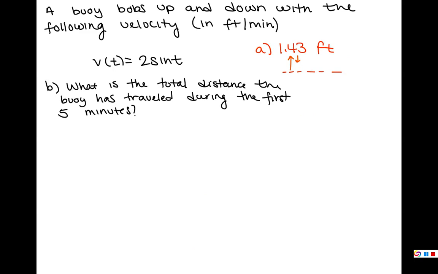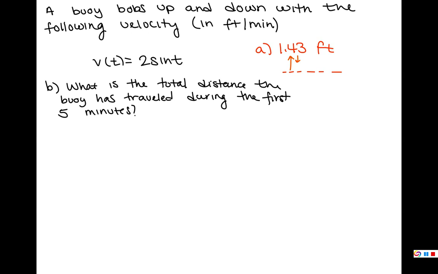Okay, so it is located 1.43 feet relative to starting. But again, I don't actually know how far the object has traveled. It's possible that it went up and then down and ended at 1.43 feet, or maybe it went up and down multiple times and then ended there.